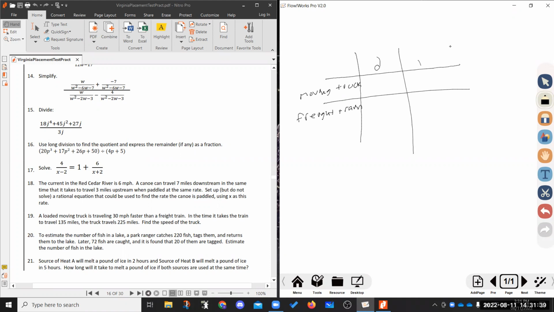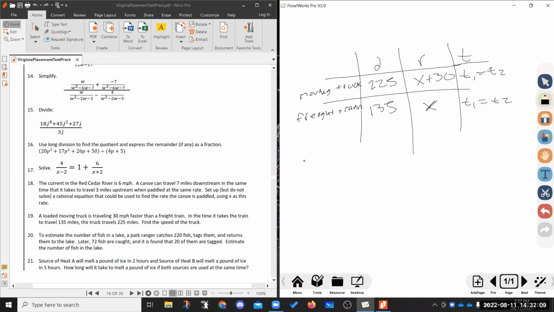The rate of the freight train is slower, so I'm going to call it X. And I'm going to call the rate of the box truck X plus 30. And the time that it takes the train to travel 135 miles, the truck travels 225 miles, and it's the same time for both of them.